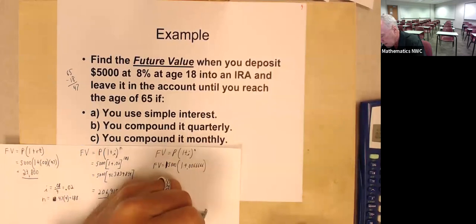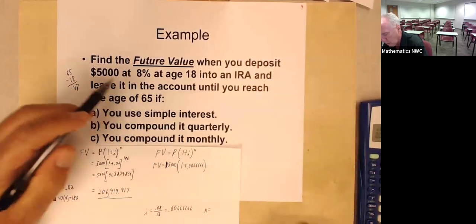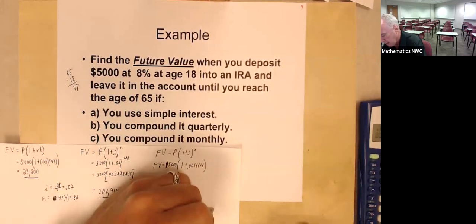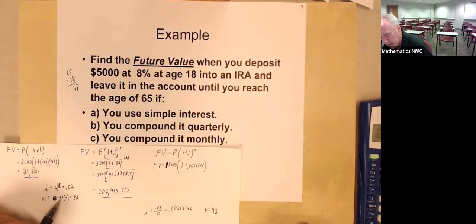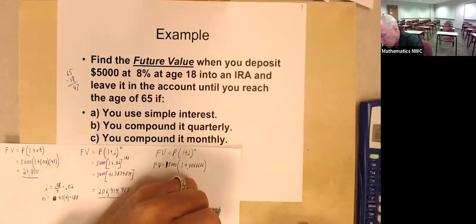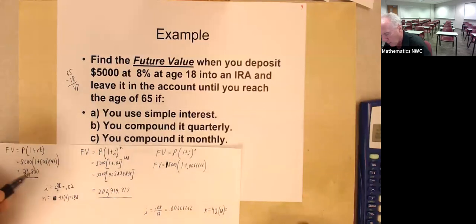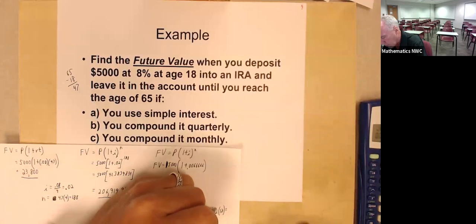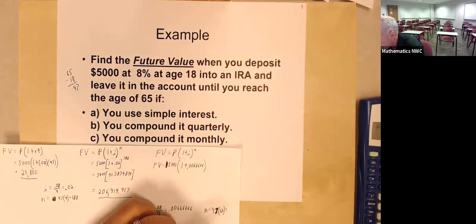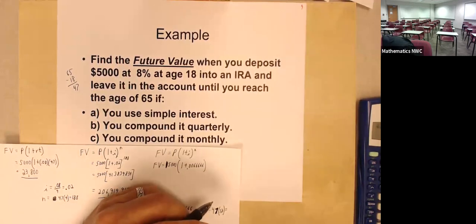That N is the number of years, remember that was 47 years right up here, times, last time I took 47 times 4 because it was compounded quarterly. This time it's compounded monthly, so I'm going to take it times 12. I don't know why I put 42 there. It's supposed to be 47. Well, 12 times 47 gives me 564.